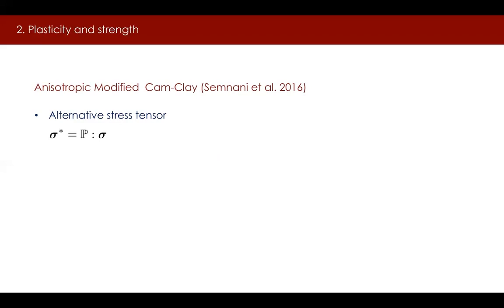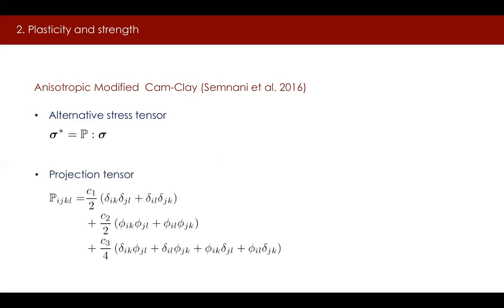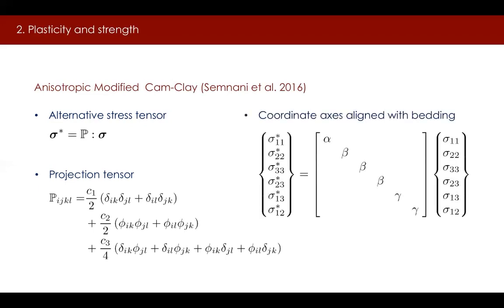The projection tensor is a function of microstructure tensor phi, as well as the anisotropy parameters C1, C2, and C3. If the coordinate axes are aligned with the bedding plane, then the projection tensor becomes a diagonal matrix with anisotropy parameters alpha, beta, and gamma. The parameters can be normalized by setting gamma equals 1.